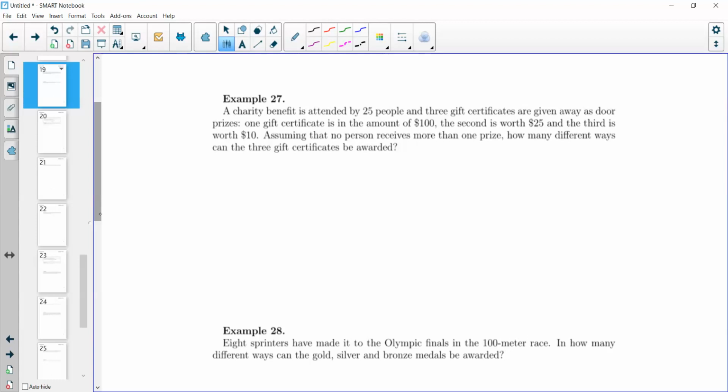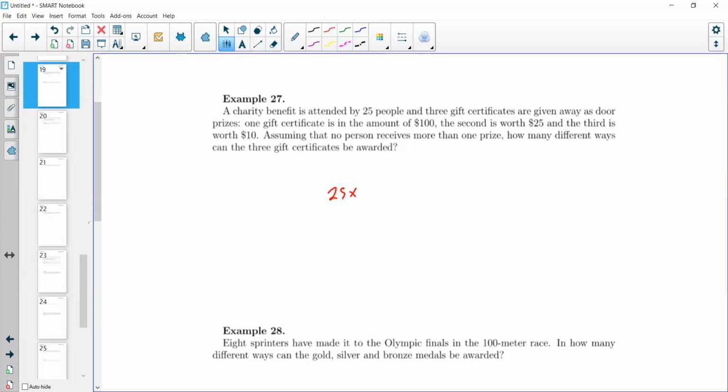So order matters because they're different values. So I have 25 people, and I'm going to give away the first gift certificate. How many possible people can get it? 25. Now, since that lucky person got the $100 gift certificate, they can't get the next one.